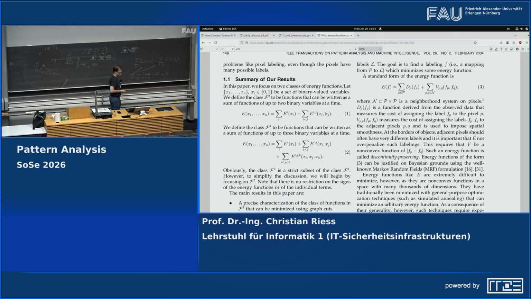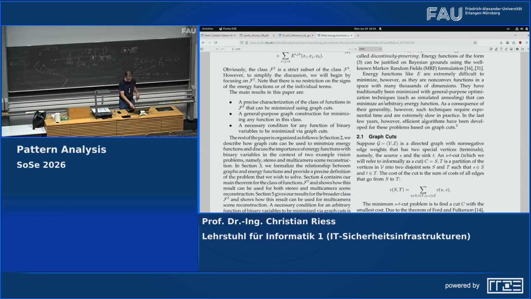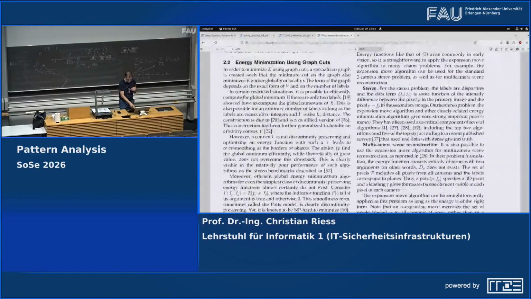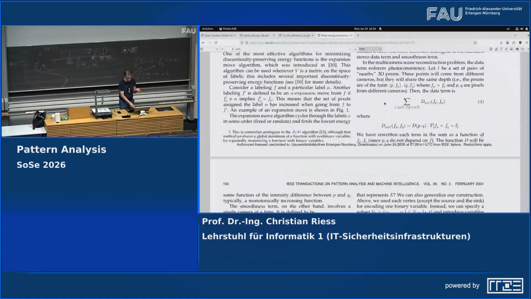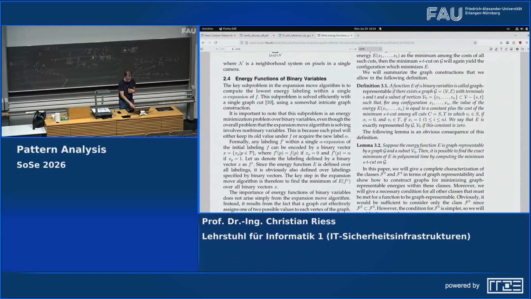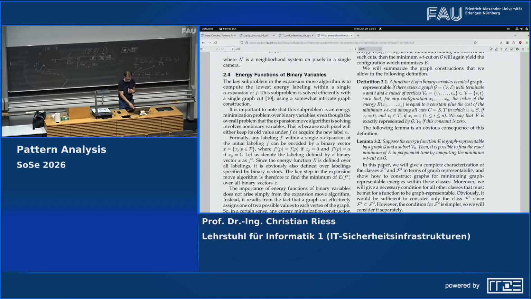And then the third thing is, in the paper, it's called the regularity or graph representability condition. It's the submodularity condition. So it goes by different names in the community, but yeah, a function E of n binary variables.